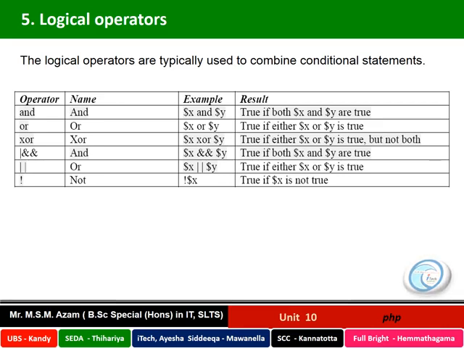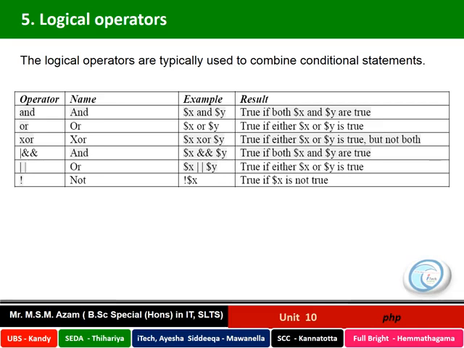Therefore, I am not going to talk about these logical operators in detail. See the screen. First logical operator is AND. We know if there are two variables x and y, it produces the result true if both x and y are true only.